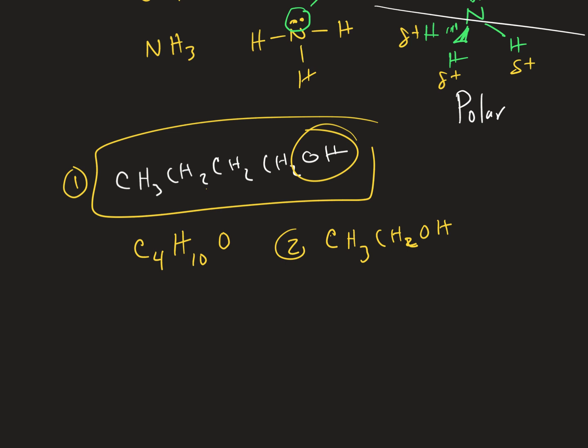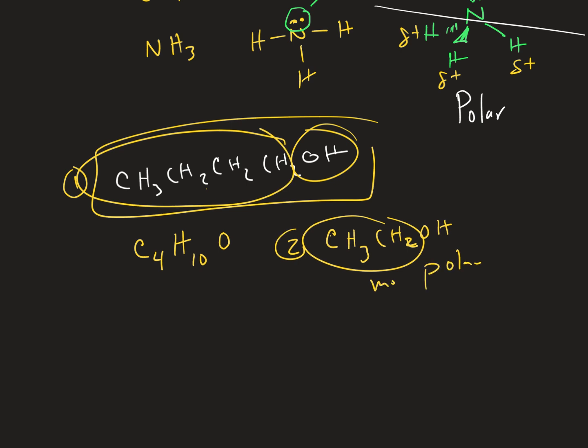Which one is more non-polar? Yeah, this one has a huge non-polar section. This one just has a little non-polar section. Therefore, which one is more polar? This one's more polar, because it has less non-polar.